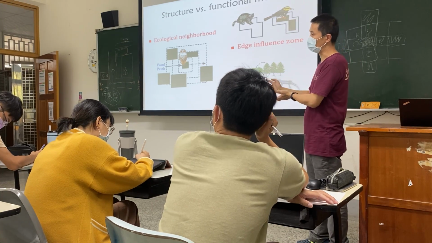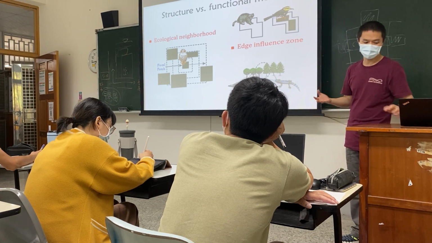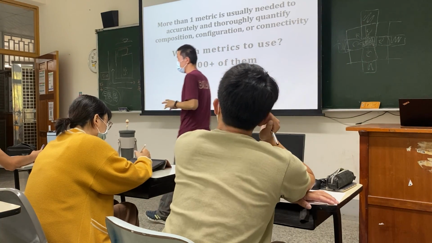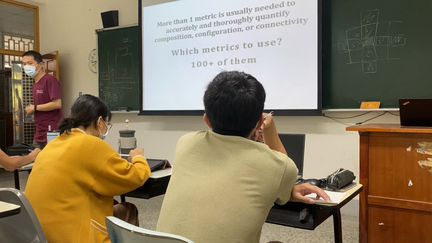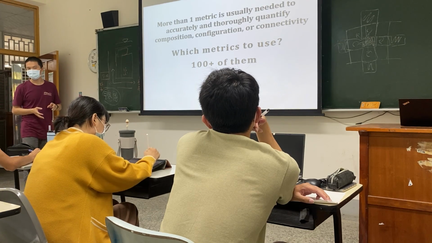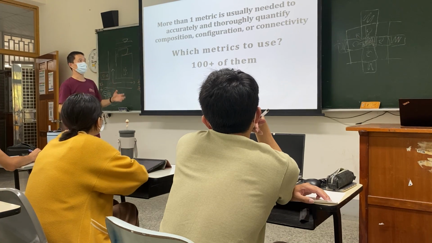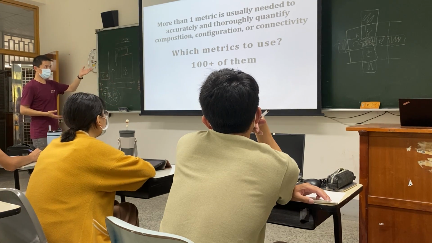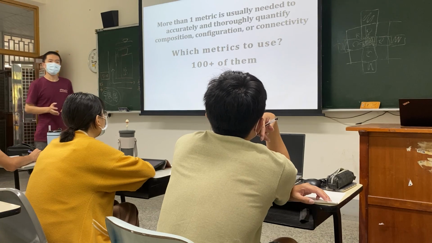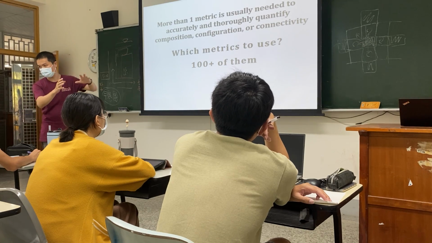But whether or not the animals will really follow that is a question mark, and that's something we also practice. You will see later on that there are more than one, sometimes hundreds of metrics that differ a little bit in some aspect, and they all try to describe something. For composition, configuration, and connectivity, there are over a hundred metrics. We will talk about maybe 2 or 3 per category later.